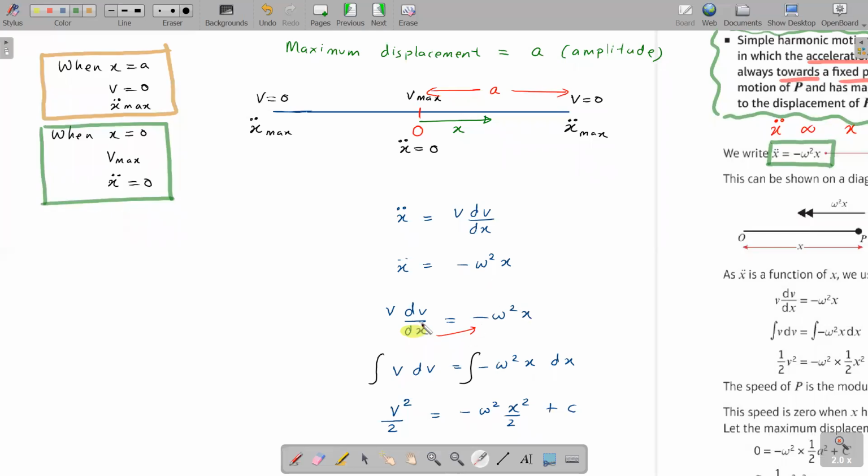And then I have made v dv by dx equal to minus omega square x. I separated variables, v terms on the v side, x terms on the x side, and I have integrated. And now I have to find the value of c. To find the value of c, I'll be using the help of these points, because I can use them to actually calculate the value of the constant c. Okay, so let's do that now.